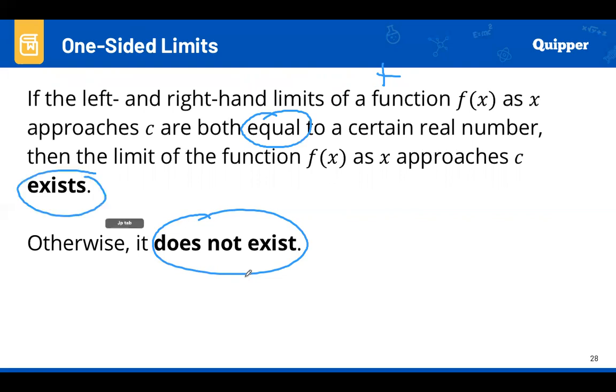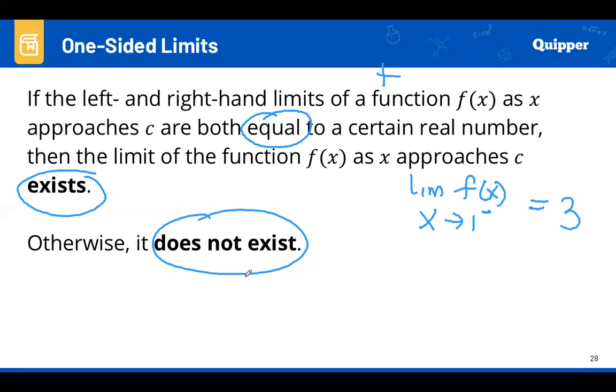Naintindihan niyo? For example, this one. The limit of f of x when x is approaching 1 from the left, that is negative, is equal to 3, for example.